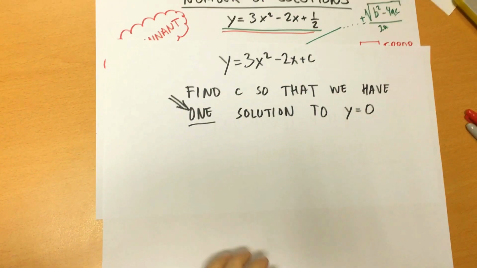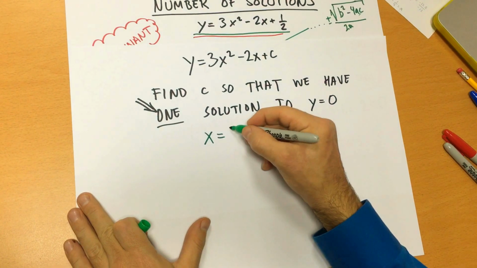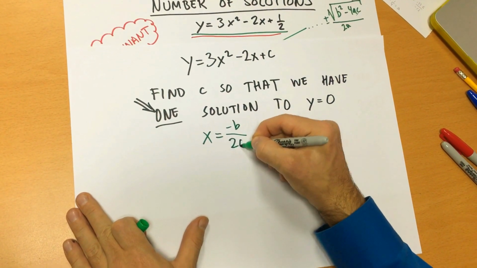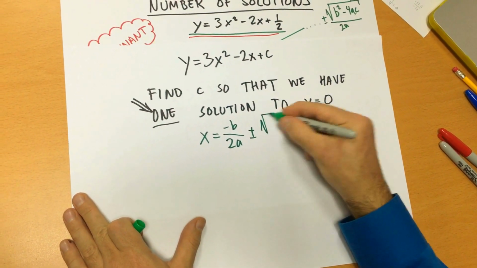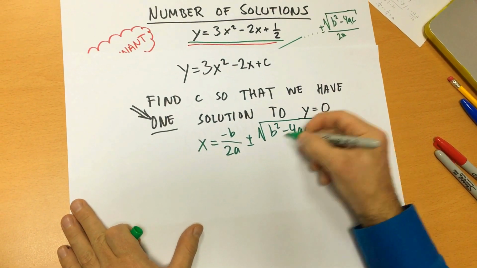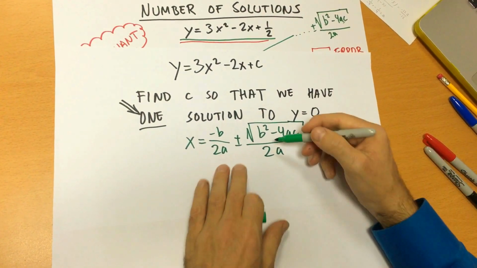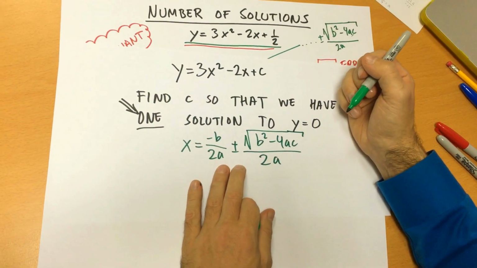This means that when I am doing my quadratic formula here, x equal to negative b over 2a plus or minus square root of b squared minus 4ac, divided by 2a. Remember, this formula is given to you, so you don't have to remember it.